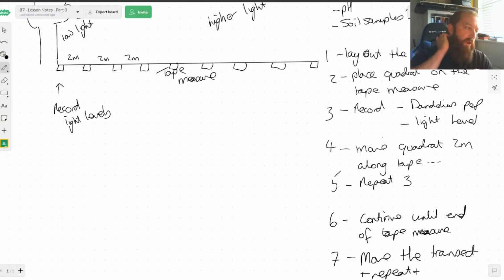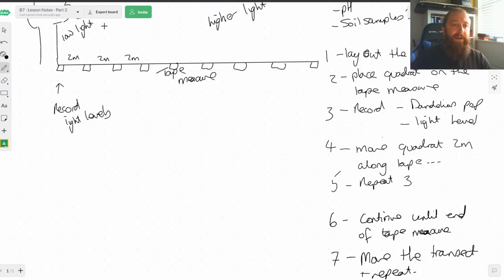Now, this could be move it to a different tree, it could be move it further along the field, if it's a seashore it could be move it along the beach. But they really like in the exams to move the transect to a different area and repeat so that we can get a mean result, because this avoids bias and it helps us identify any anomalies that we might have in our results. So those are the steps that you want to put in when you're doing a question based on this.